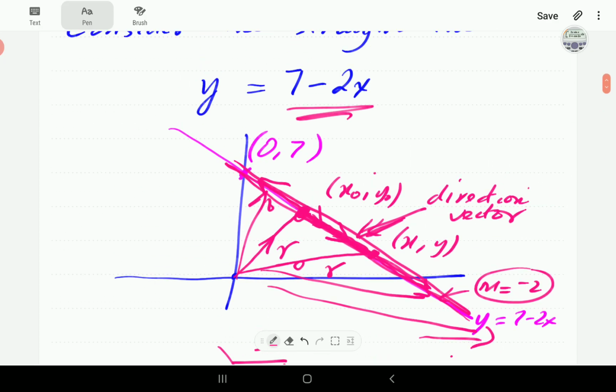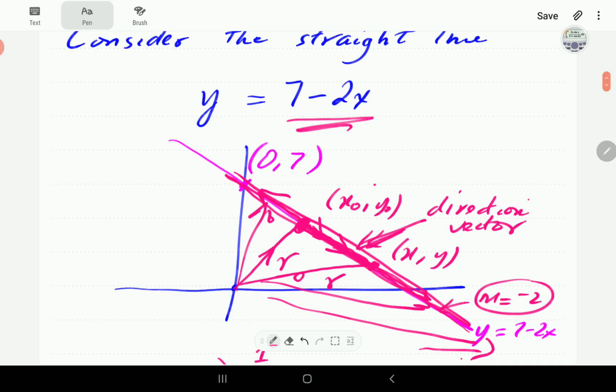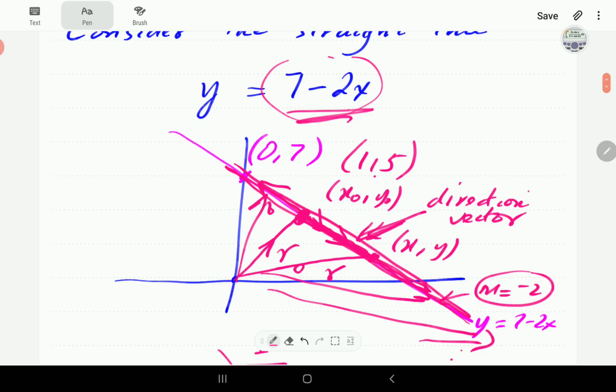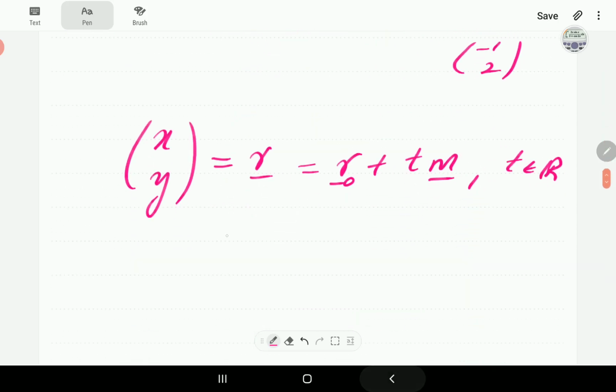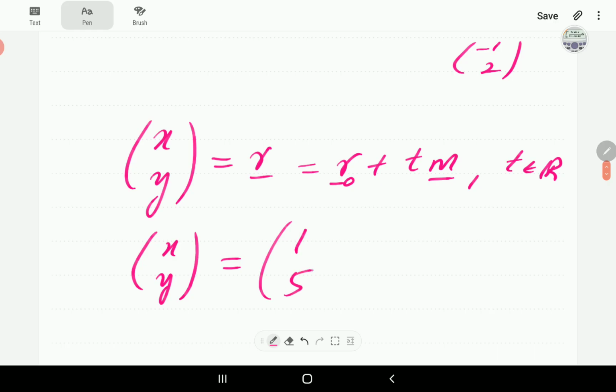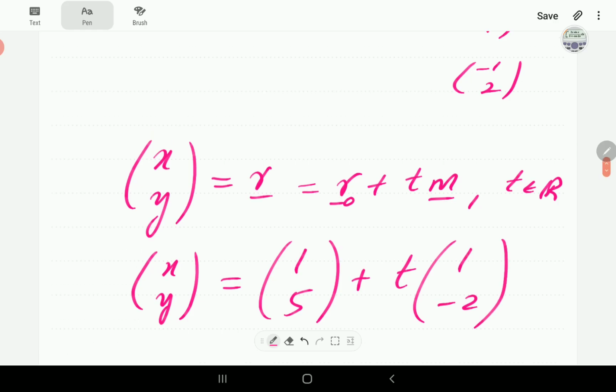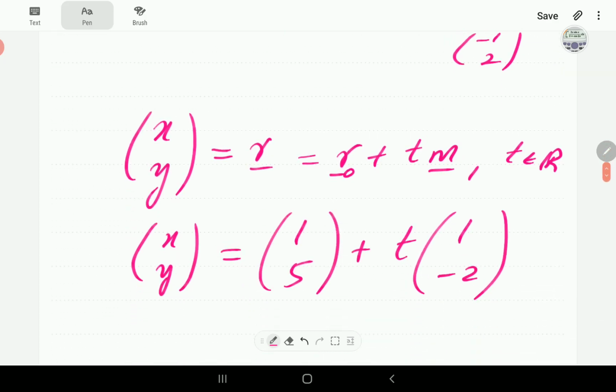So for this line, for instance, if we choose r0 to be the point when x is 1, then y is going to be 5, so that's (1, 5). We can write the equation of this line as (x, y) equals (1, 5) plus t times (1, -2), where t is a real number.